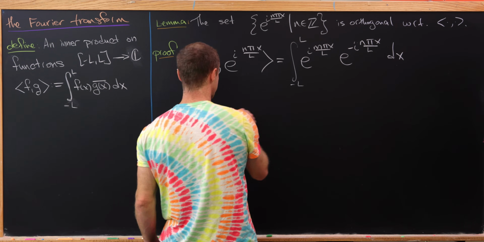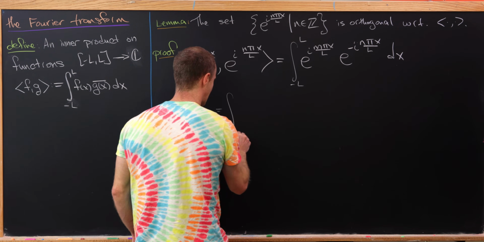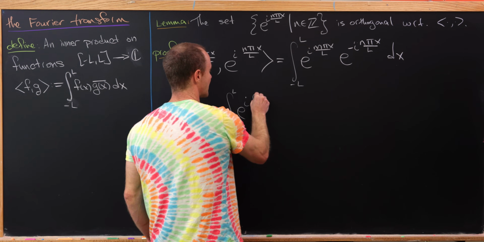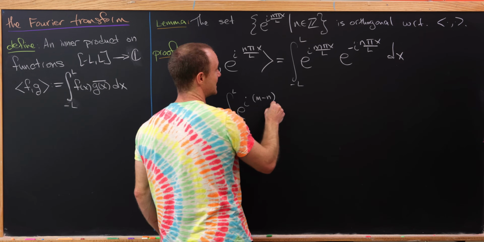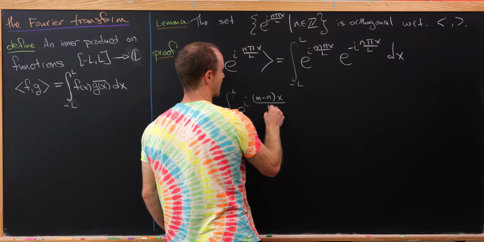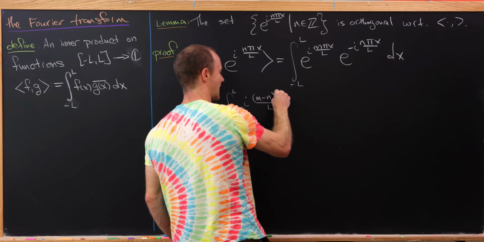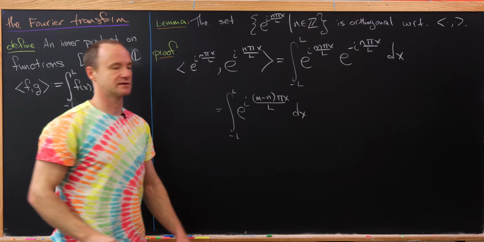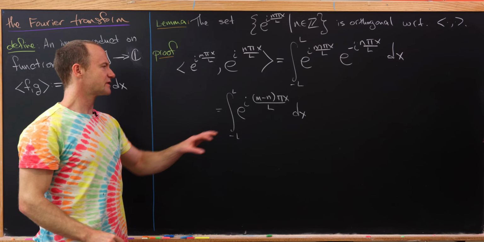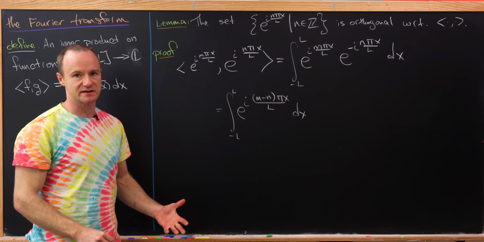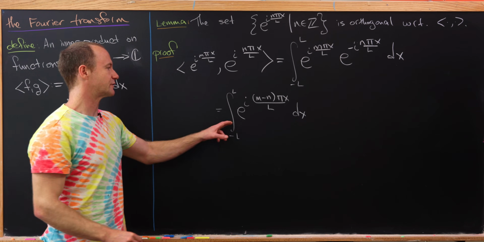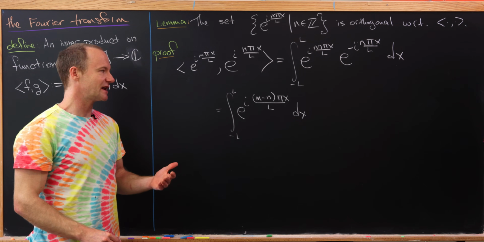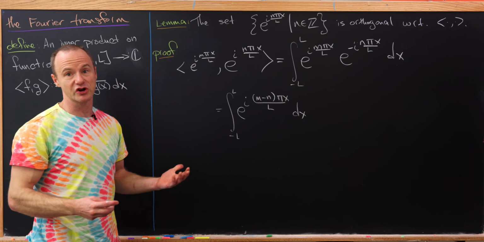Now let's mash those together and we get the integral from minus L to L of e to the i (m minus n) pi x over L dx. Notice if m is equal to n, then I just have a constant, and the constant is equal to 1 because I have e to the 0. But if m is not equal to n, then my integration will be different.